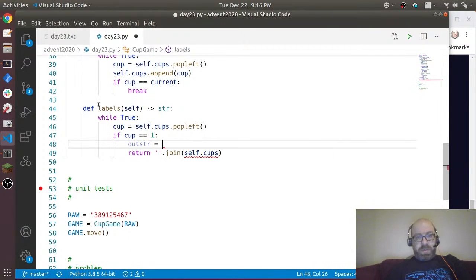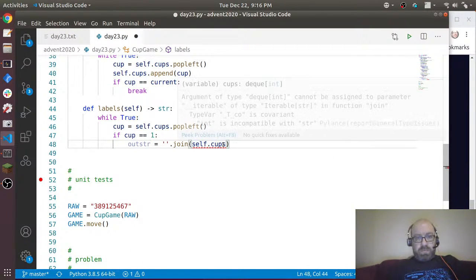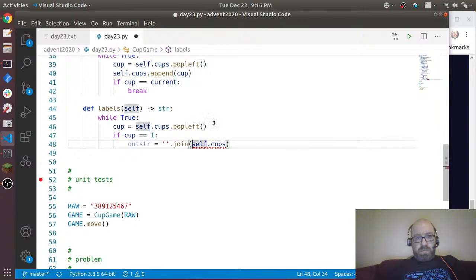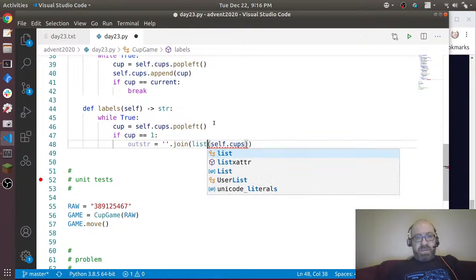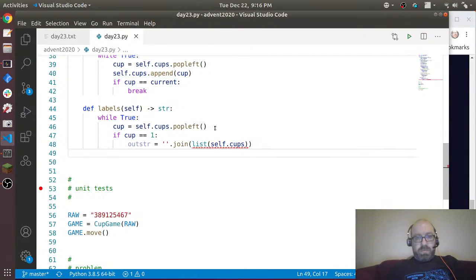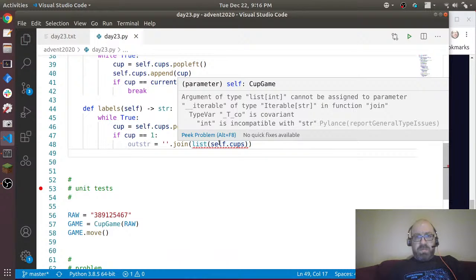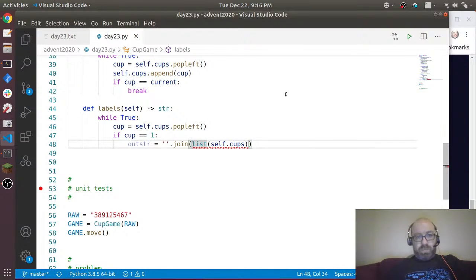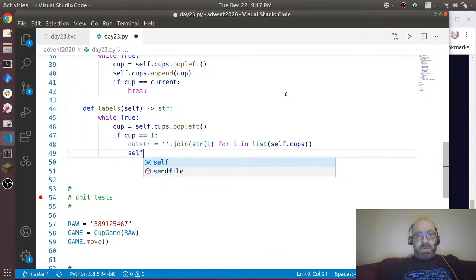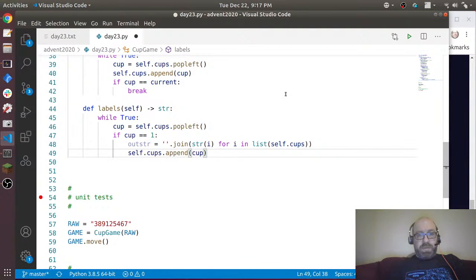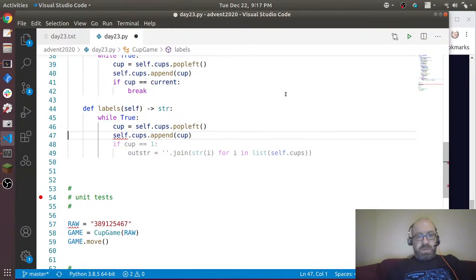Let's say outstring equals, no. Let's make it a list of self.cups. Type list of int, write str(i) for i in list(self.cups). And let's put it back now. self.cups.append. Let me just do it this way.